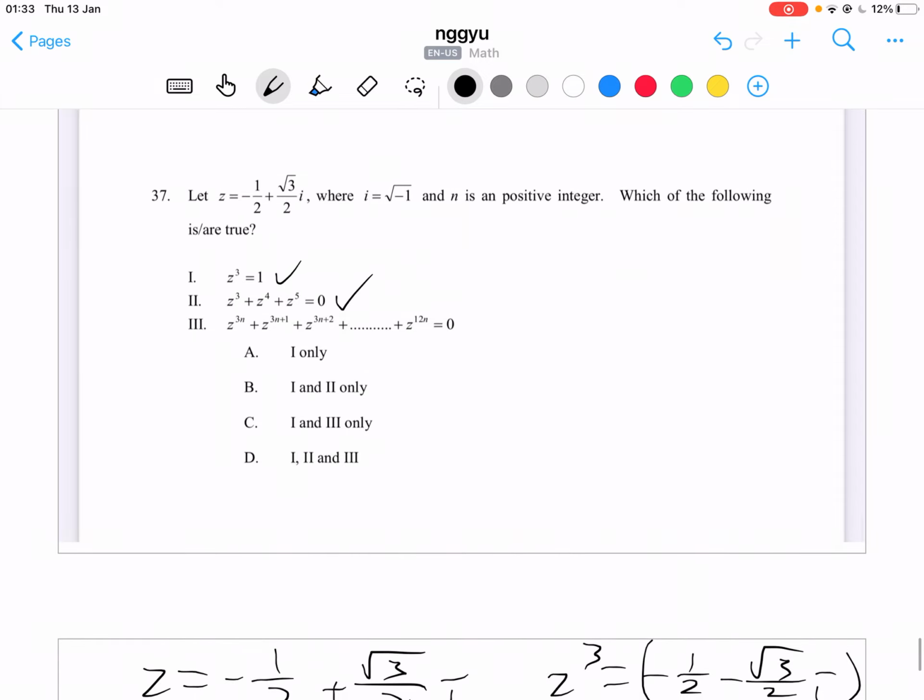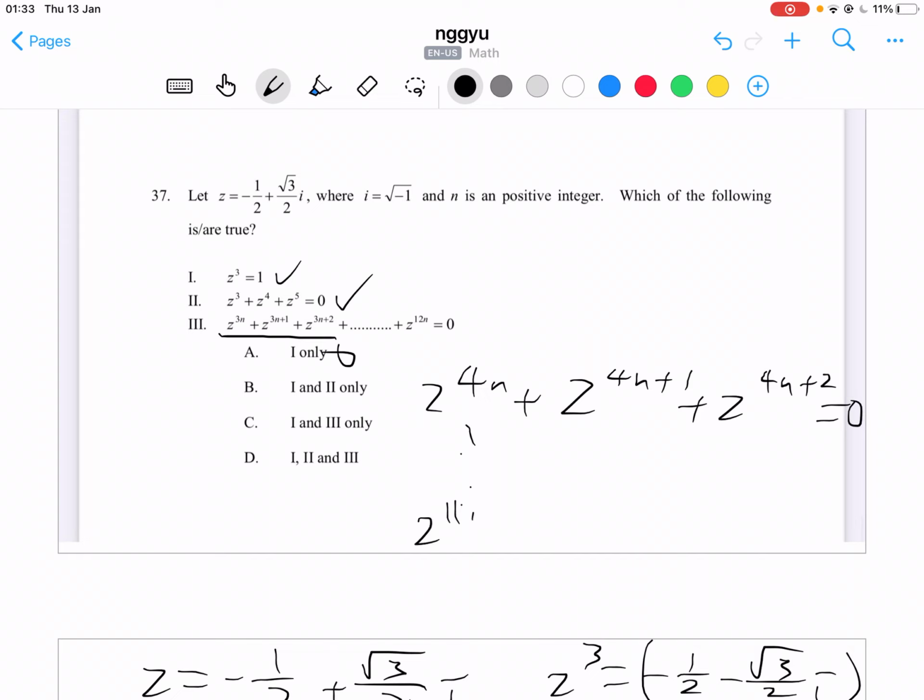Number 3. z to the power 3n plus z to the power 3n plus 1 and z to the power 3n plus 2 will actually become 0. So z to the power 4n plus z to the power 4n plus 1 plus z to the power 4n plus 2 is also equal to 0, and so on until the end.